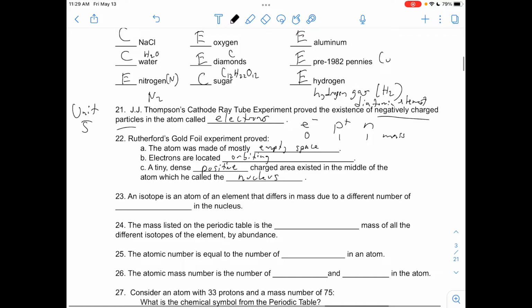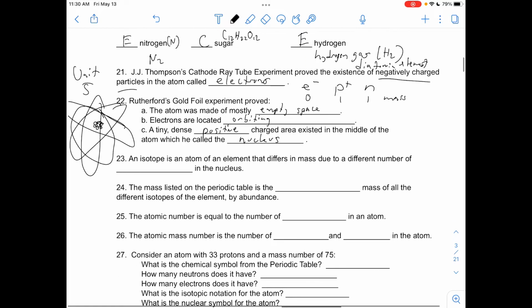Remember Rutherford was shooting alpha particles at a sheet of gold foil, and what was interesting is most of the time it went right through, but every once in a while, because the alpha particles would hit the nucleus, it would bounce off in random directions. And so Rutherford's model kind of looks like this, where there's a dense positively charged nucleus, and then you have the electrons kind of orbiting around, kind of like Big Bang Theory's logo.